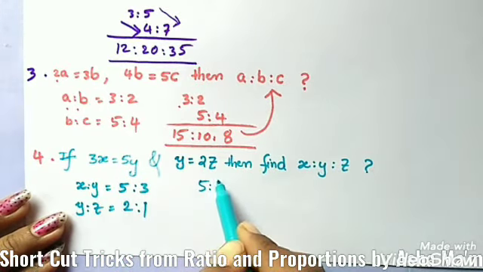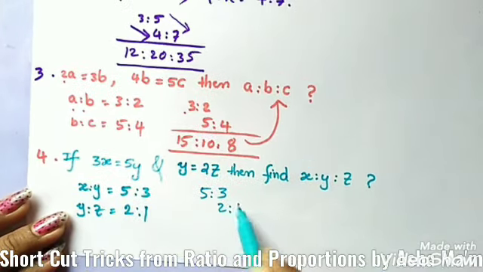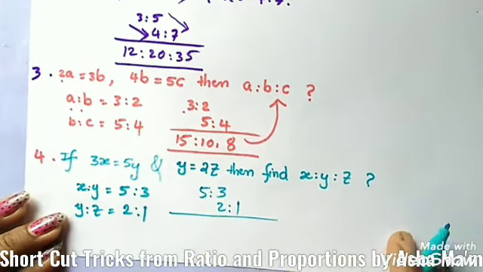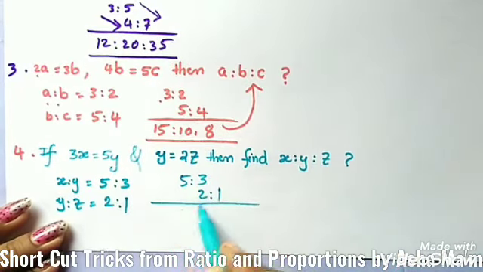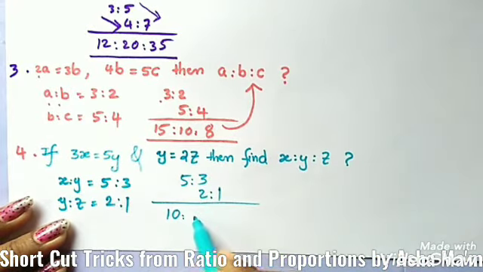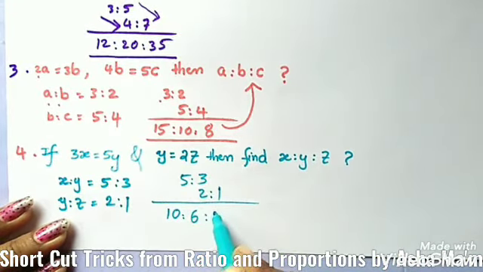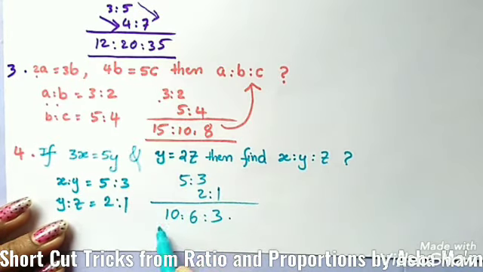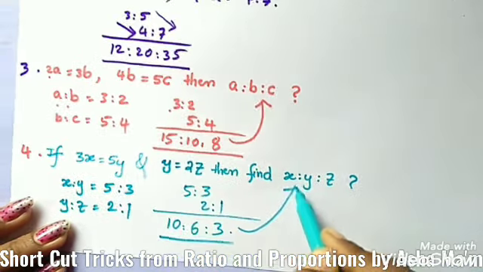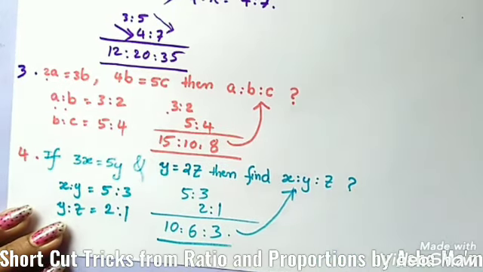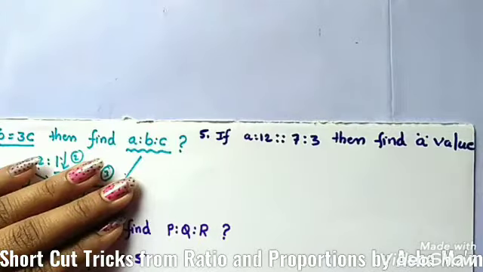Now you can apply the same trick here. 5 is to 3, 2 is to 1. Simply multiplication here: 5 2s 10, 3 2s 6, 3 1s 3. Three steps. So this is the answer. Let us see question number 5 now.